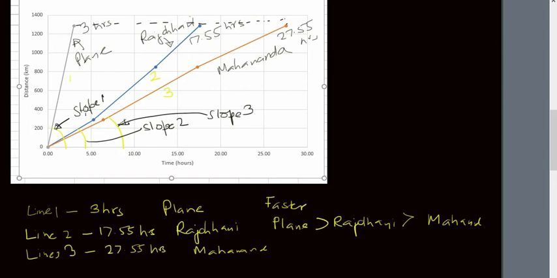So slope 1 is the biggest, which is bigger than slope 2, which is bigger than slope 3.